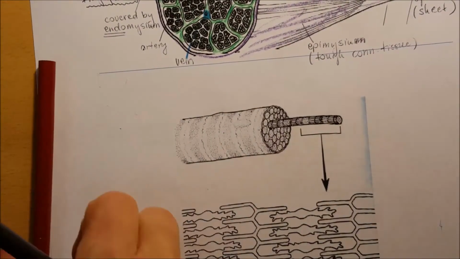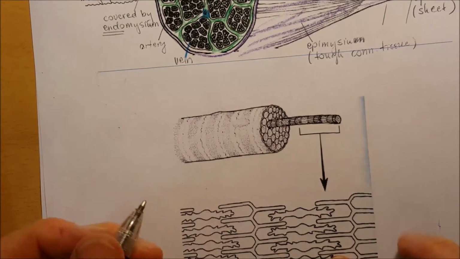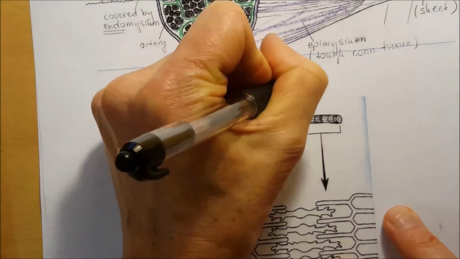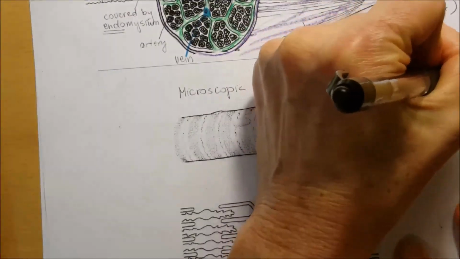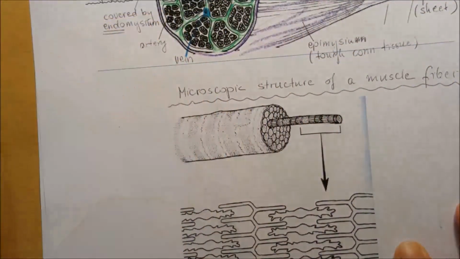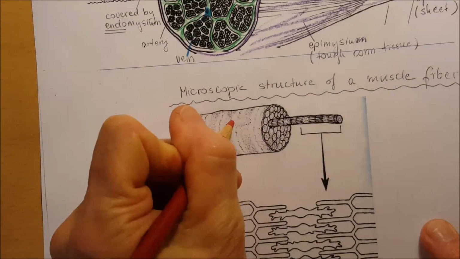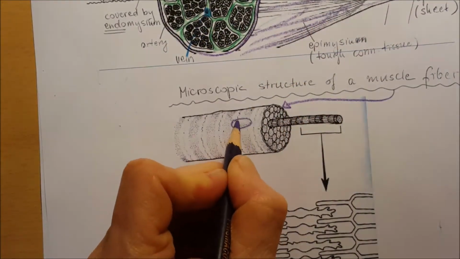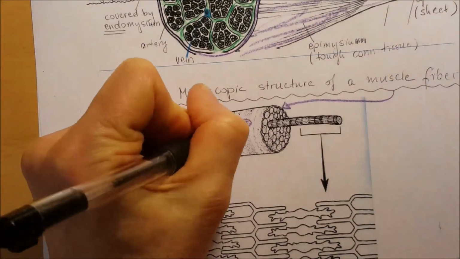Here, let's get into the microscopic structure of the muscle fiber or the muscle cell. You see a muscle cell cross section, and in here you can see only one nucleus, but as we said, it's multinuclear, so it can contain more. One of them is under a cell membrane.